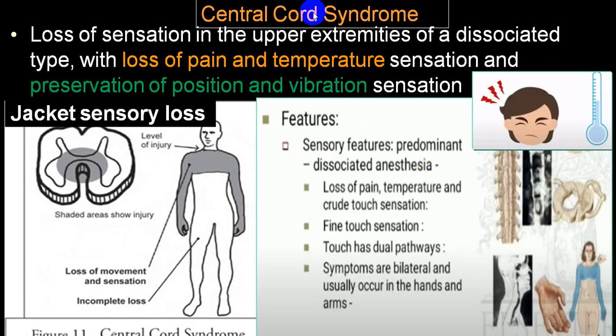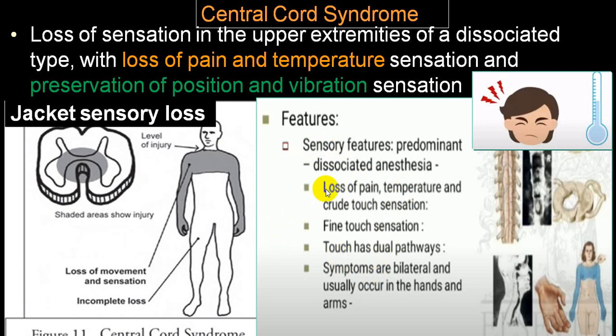In a central canal lesion or central cord lesion, you will have a loss of sensation in the upper extremity. This is very common, where pain and temperature will be lost and position and vibration preserved because the posterior column is not affected, and this is called jacket sensory loss.